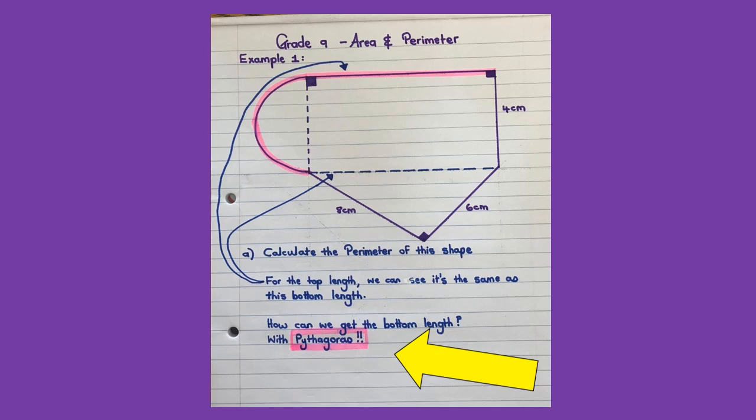And immediately when you see a right angle triangle, you must think of Pythagoras. I can use Pythagoras to find what is the side opposite of a 90 degree, the hypotenuse. Okay, so we can find that side by working out the hypotenuse of that right angle triangle.